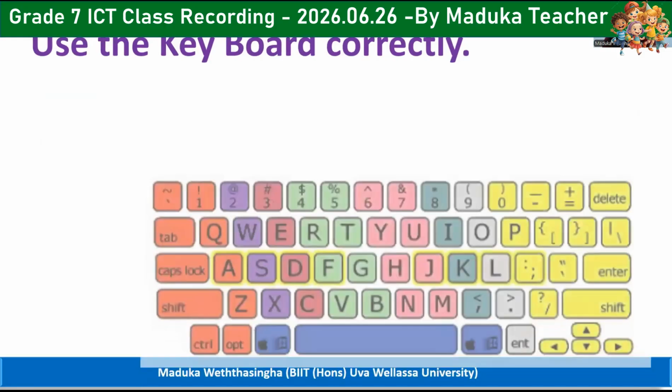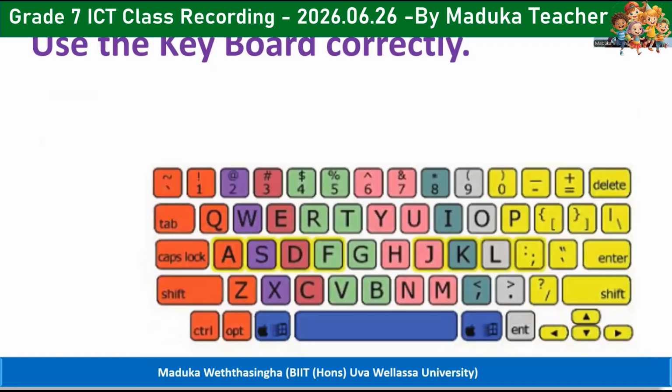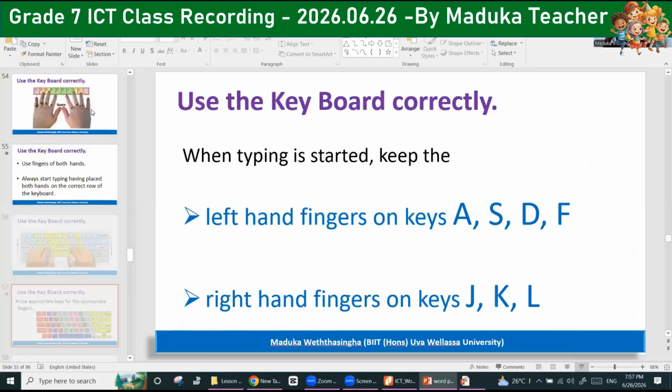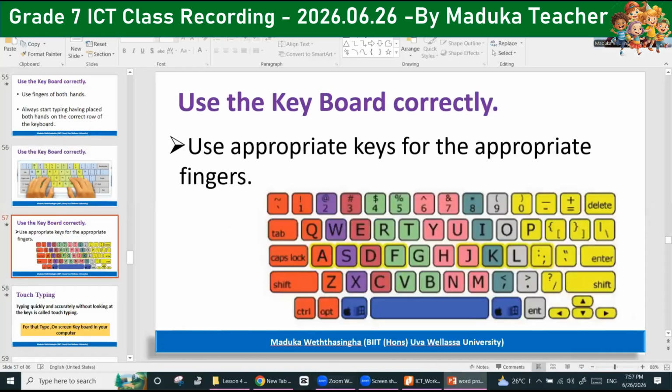See this image? Now you can clearly see. Okay? This is how we have to move our fingers. Let's see the video again. Then you can easily understand how to move the fingers.